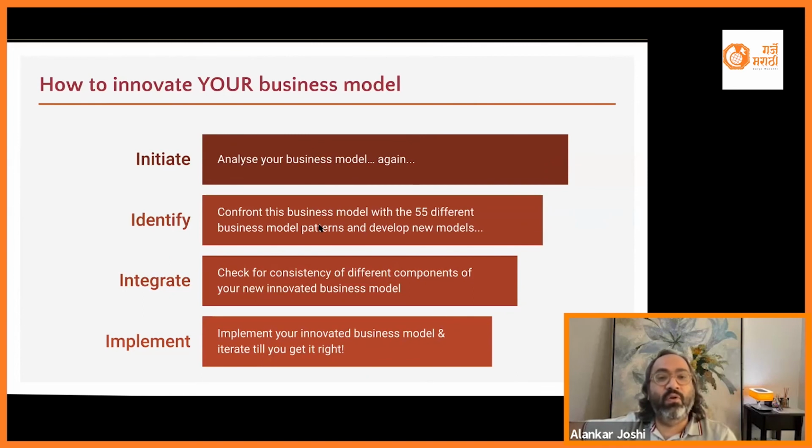Which of those 4 dimensions of the business model can you innovate on? If you can innovate on 2, 3, or 4 of those dimensions, the more dimensions you innovate on, the better it is for your business, because the more disruptive your business is. So identify how you can innovate.